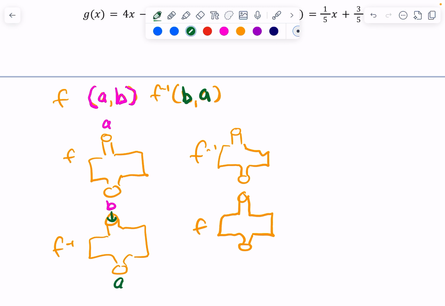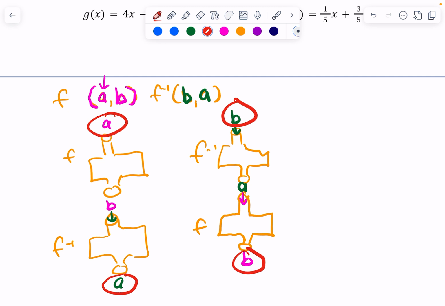You can see that whatever went into this composition came back out, right? For the next composition, we first drop it into F inverse, and the only thing we know is when B goes in, A comes out, right? And that's going into the F function. So when A goes in, a B comes out. So you can see that whatever goes into this composition will come out.